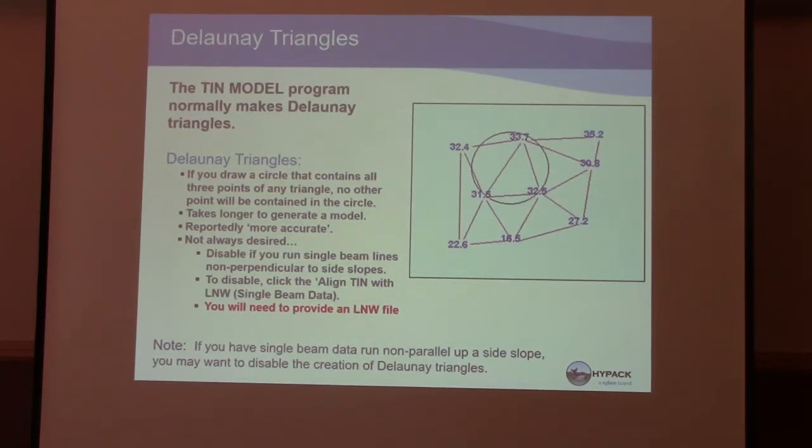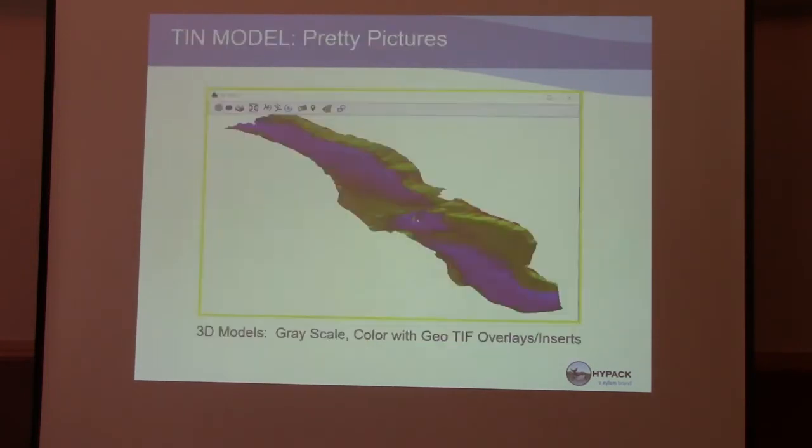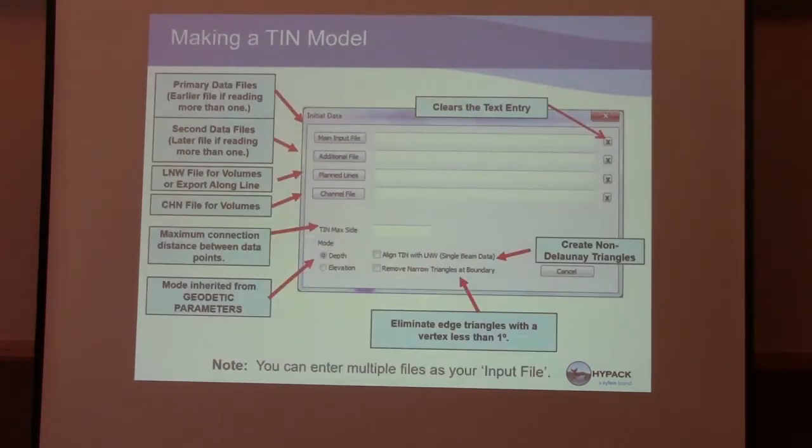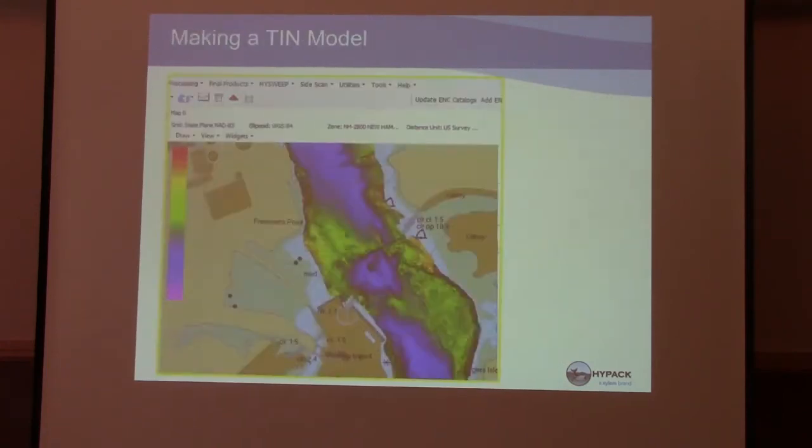So what it does is it eliminates that circle elimination check that it does when it makes the triangles. It uses the plan lines as the boundary, it tries to align more with the plan lines. I don't know that I'm explaining it exactly correct, so afterwards, if you want, we'll sit down and we'll get one of the programmers to explain it.